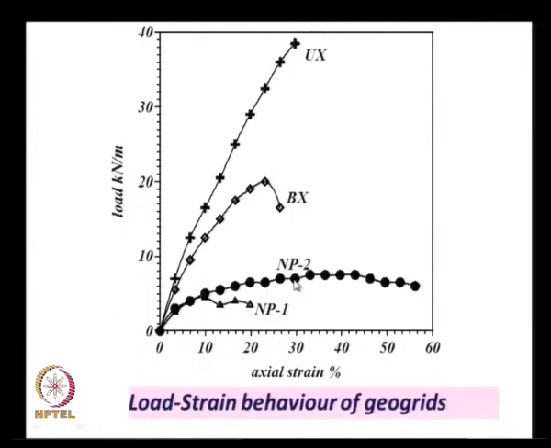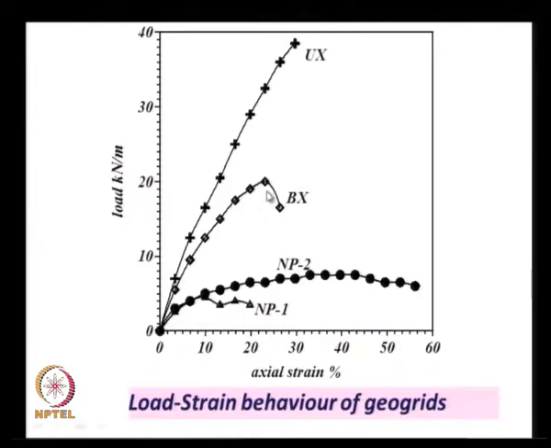There are actually 4 types of geogrids that were used for fabricating the geocell. 2 of them are very soft meshes, which are called NP1 and NP2. They have a tensile strength of hardly about 6 to 7 kilonewtons per meter, and their peak strength is developed at very large strain, anywhere from about 15% to 30%.